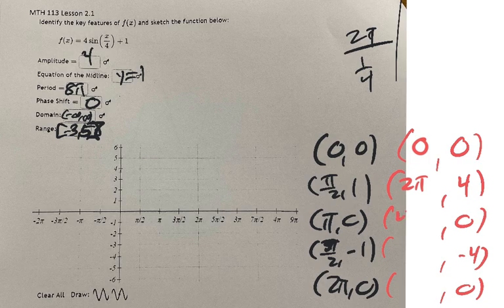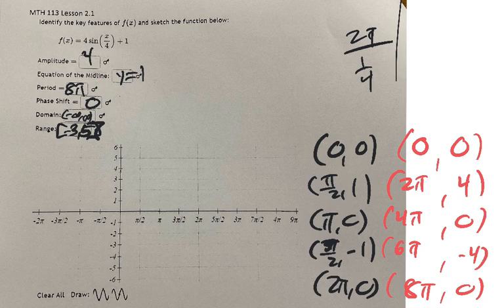Pi times 4 is 4 pi. 3 pi over 2 times 4 would be 6 pi. And 2 pi times 4 is 8 pi. When you get to this step, you see how your x value matches your period, the last one. That should always happen on this step before you do the phase shift.